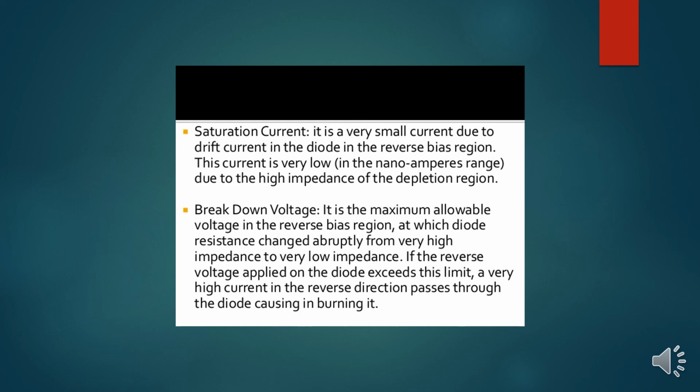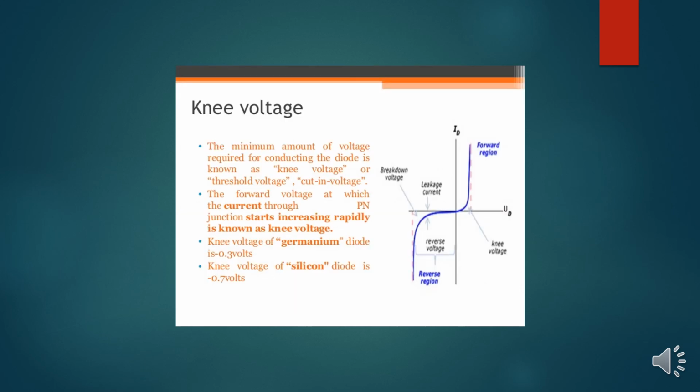It is a very small current due to drift current in the reverse bias region; this current is very low. And what is the breakdown voltage? It is the maximum allowable voltage in the reverse bias region at which the diode resistance changes abruptly from very high impedance to very low impedance and the current is very high. That is the breakdown voltage.